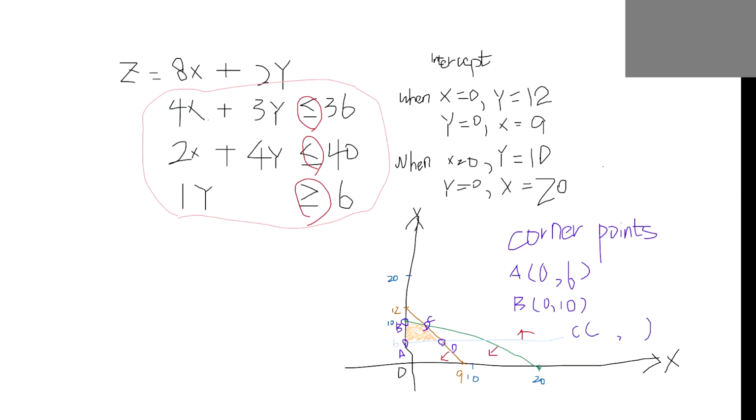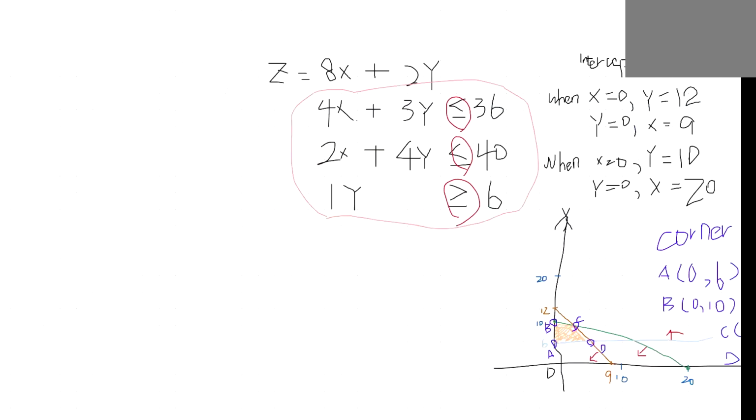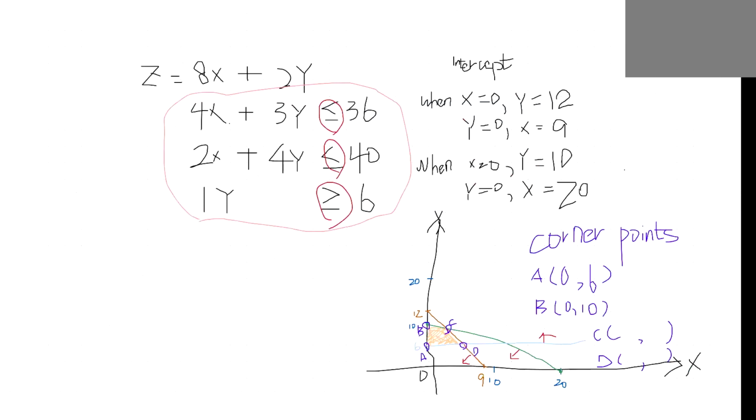D is the point where this third constraint, y is 6. When y is 6, what is x?